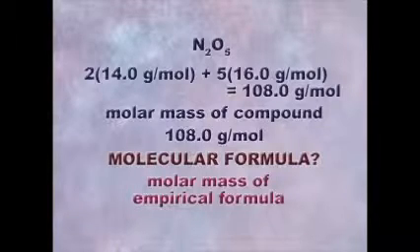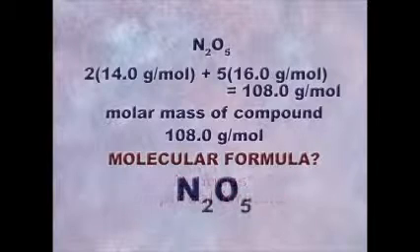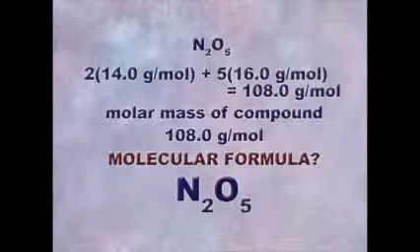Since the molar mass for the empirical formula and the molar mass for the molecule are the same, the molecular formula is N2O5. You see, if you just take it one step at a time, you can work any problem. Speaking of problems, we have one more type to tackle before we wrap up this unit.